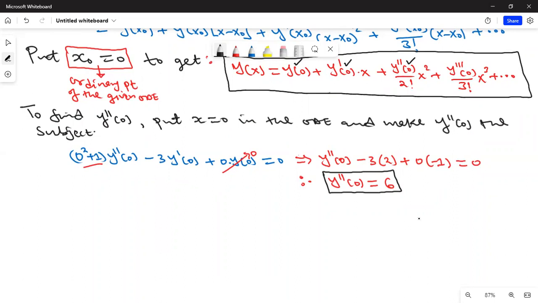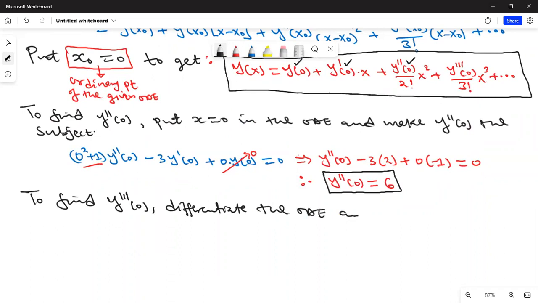So to find y third prime of 0, you first of all differentiate the ODE, and put x equal to 0.